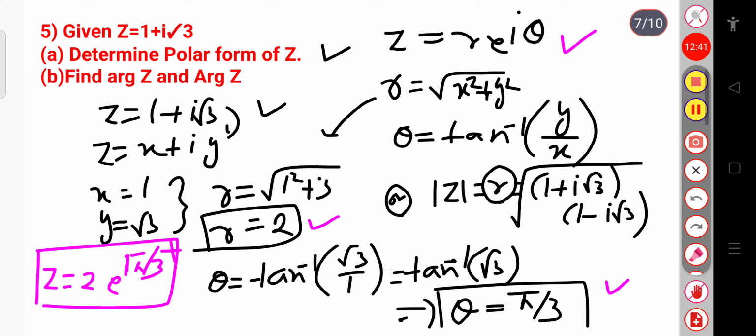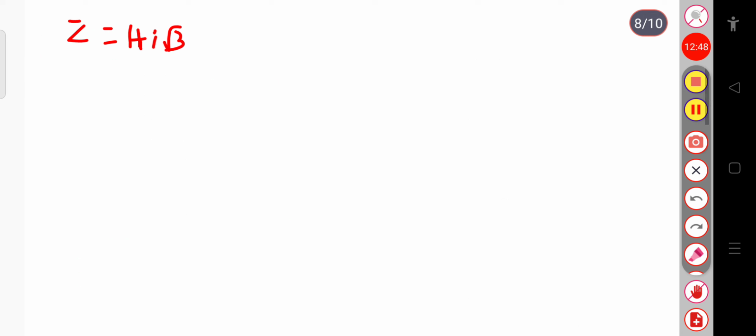Now, for this you have to calculate argument of z, small argument of z and capital argument of z. You know the argument of z equal to theta plus 2k pi.